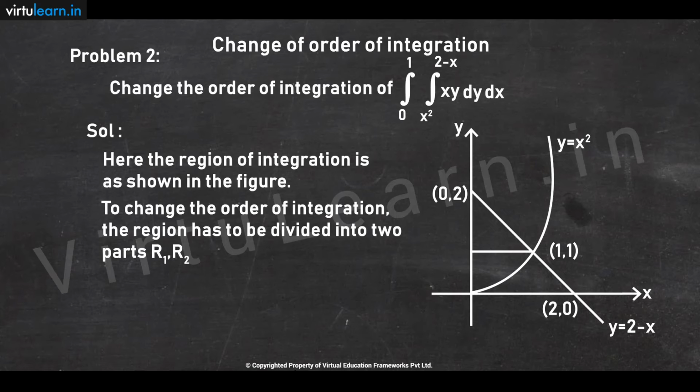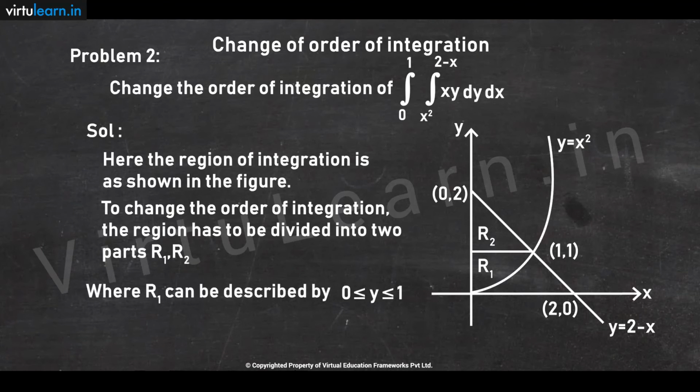So, after observing the region of integration, we notice that it is to be divided into two parts, R1 and R2, where R1, the lower portion as shown in the figure, is described by 0 less than or equal to y less than or equal to 1, 0 less than or equal to x less than or equal to root y, because it lies between two horizontal lines y equal to 0 and y equal to 1.